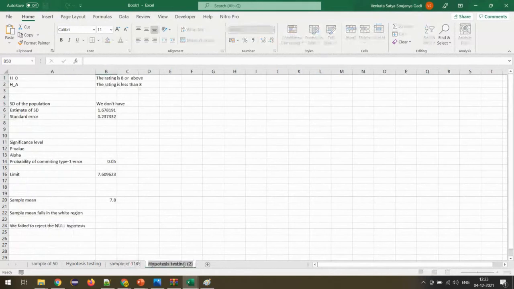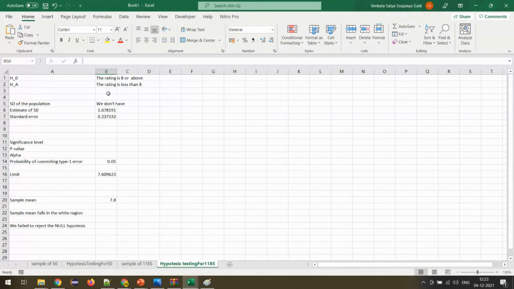Okay, and here is hypothesis testing for 1185. Here was hypothesis testing for 50.